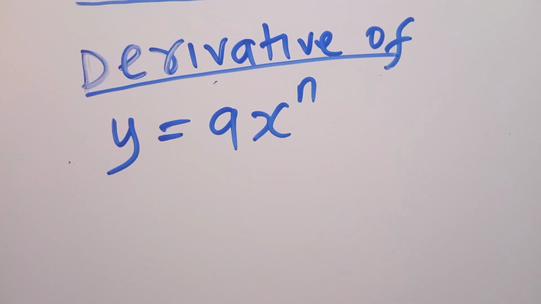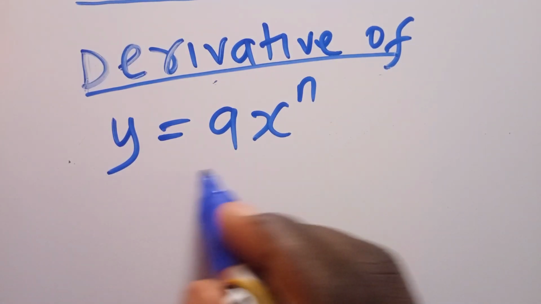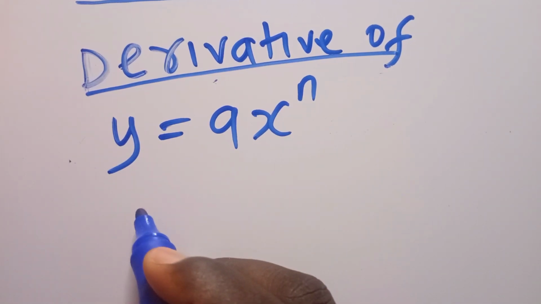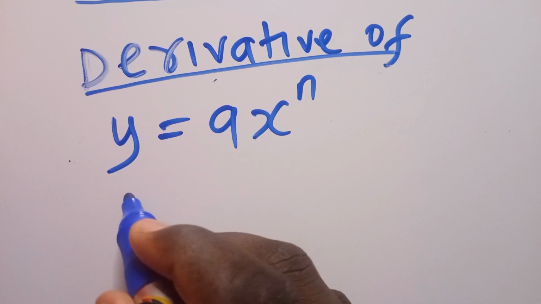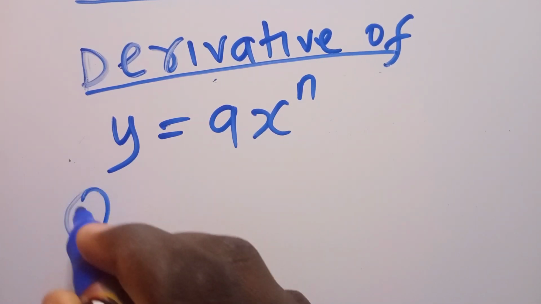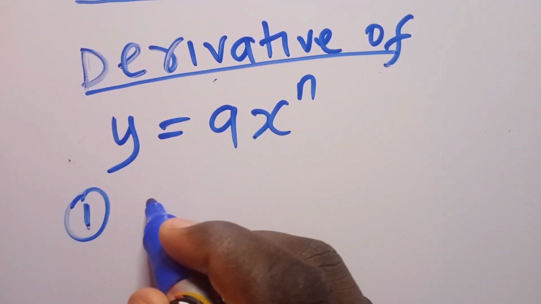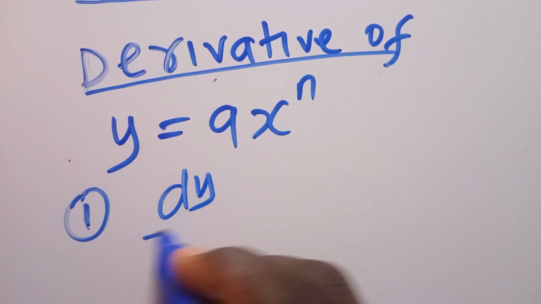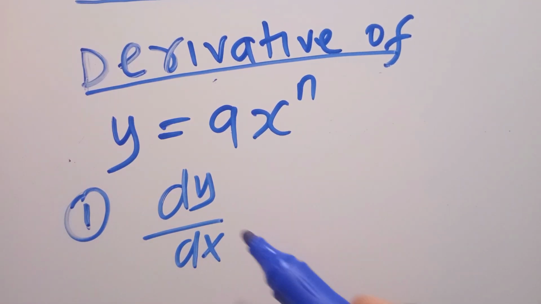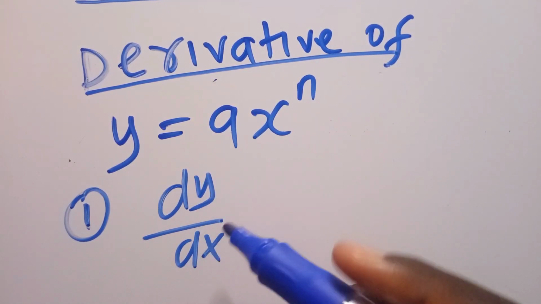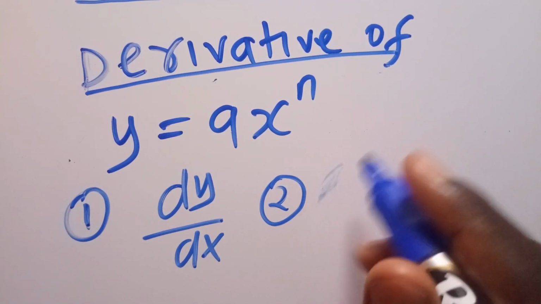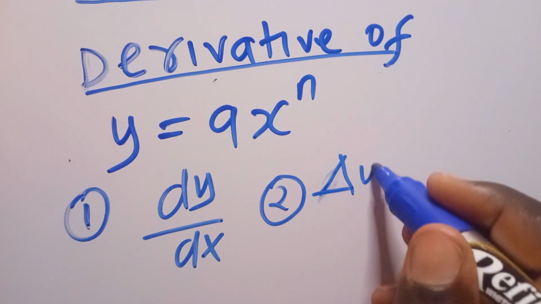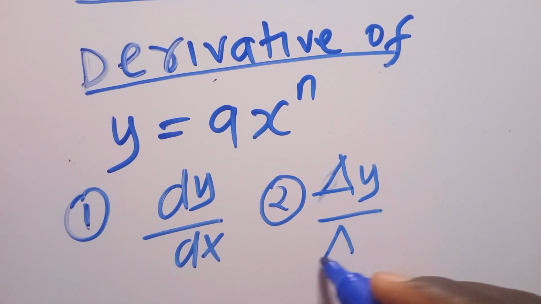Now, we need to look at how we can differentiate this function. Differentiation has different symbols. The first symbol that you can use is dy over dx. That is the small change in y over the small change in x.